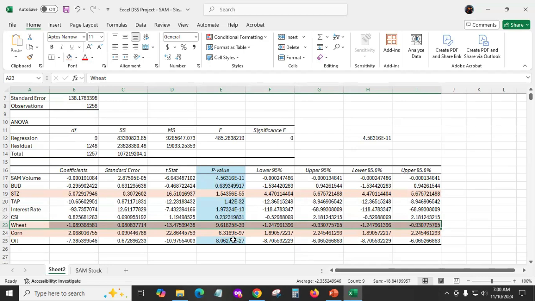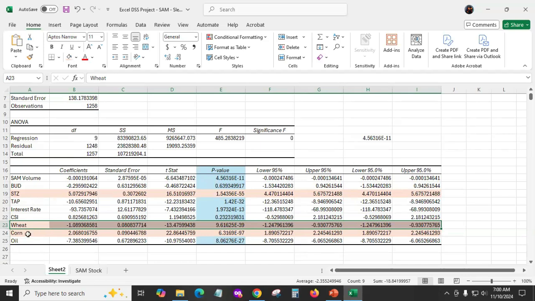E32, that's pretty significant. E27, that's pretty significant. You don't have to highlight all the ones with the E's. You should just get, maybe the top three or four that seem pretty significant.